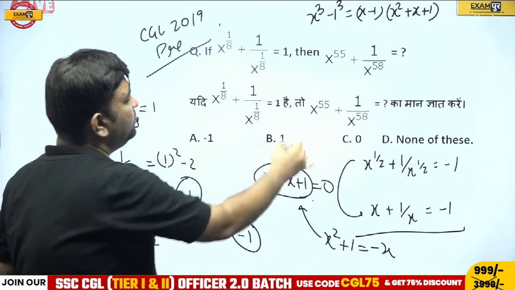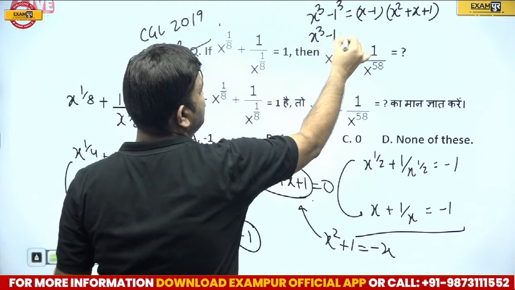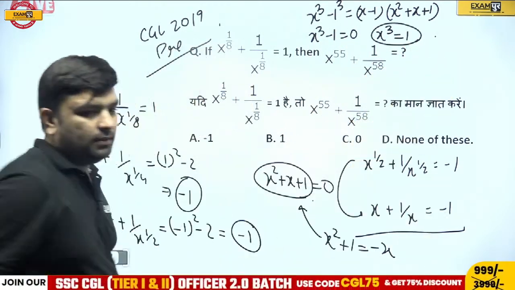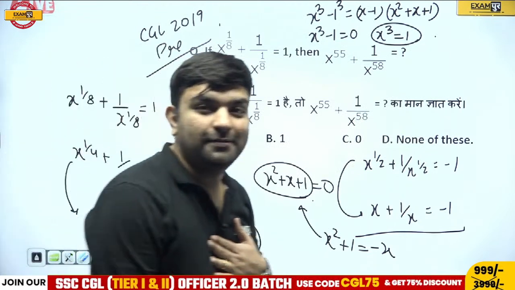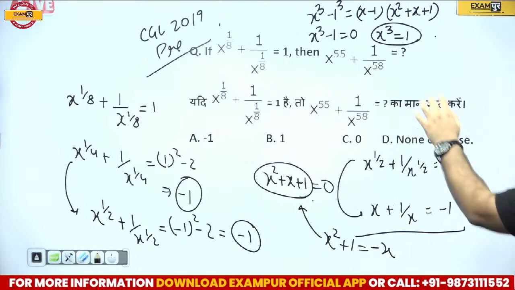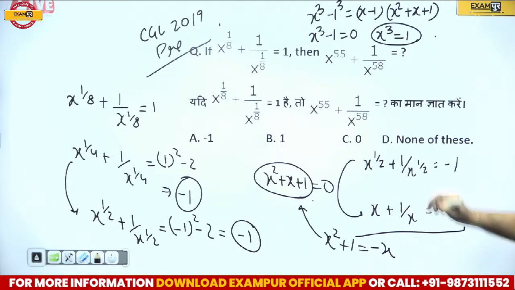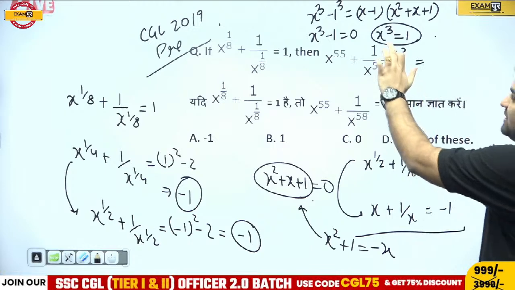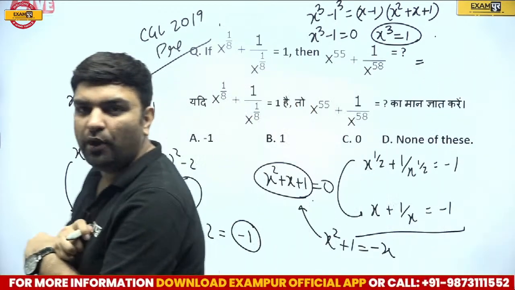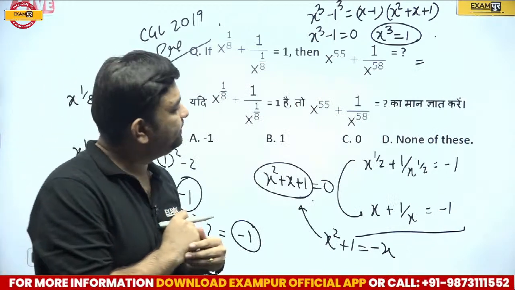So if this is 0, then x cube minus 1 is 0, or you can say x cube is 1. So if x cube is 1, all its multiples are also 1.